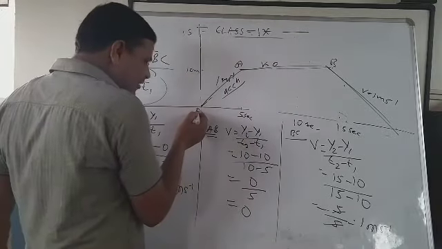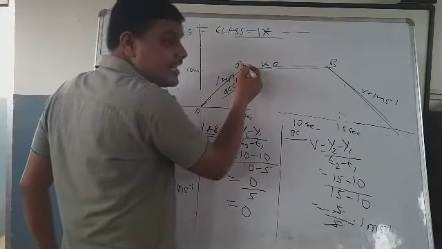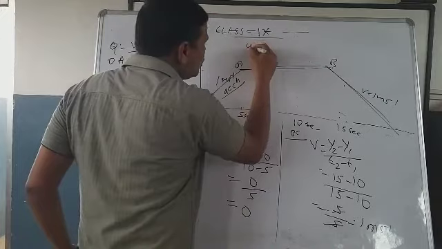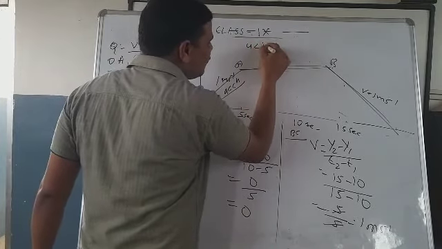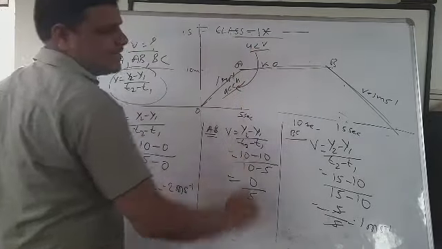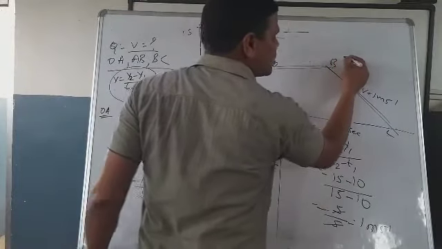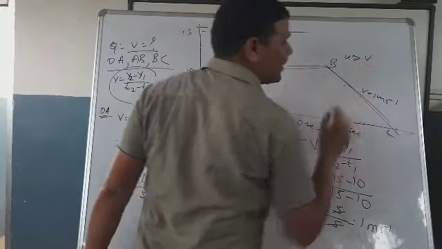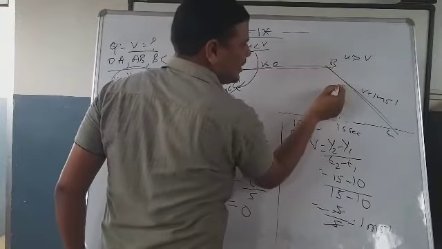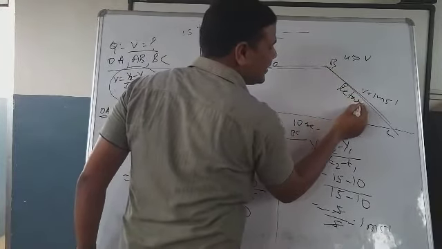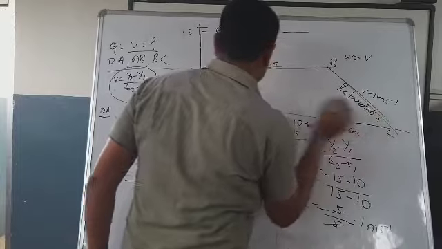Because initial velocity is less, final velocity is more. So when U is less than V, it is acceleration. But in the last case, be careful that U is more than V. When U is more than V, then it is known as retardation. The answer you will get is the same.